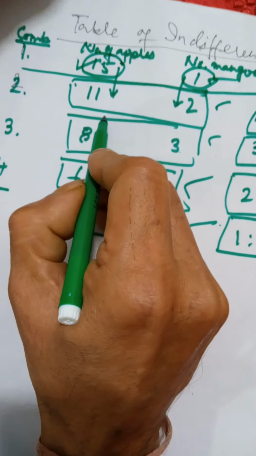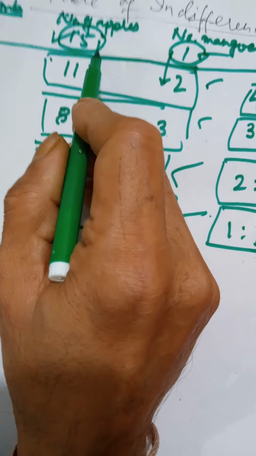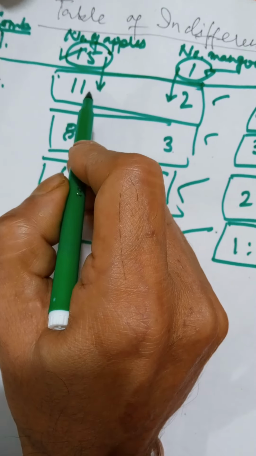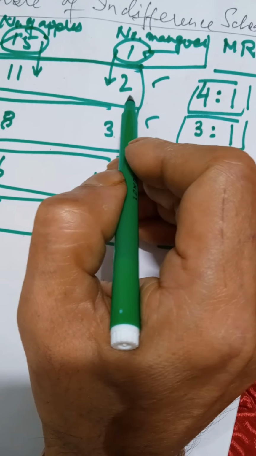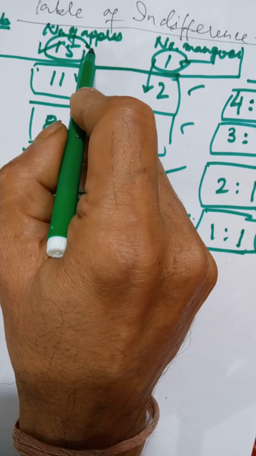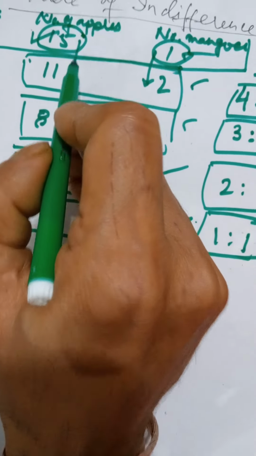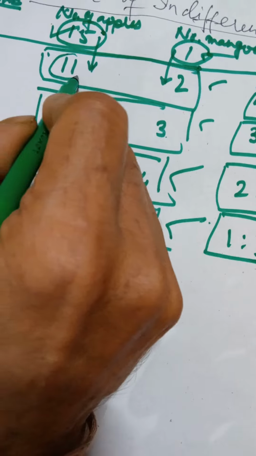Now in this stage, his number of apples has fallen from 15 to 11 and the number of mangoes has increased from 1 to 2. That means his utility from apples has increased a little bit because his stock of apples has fallen.